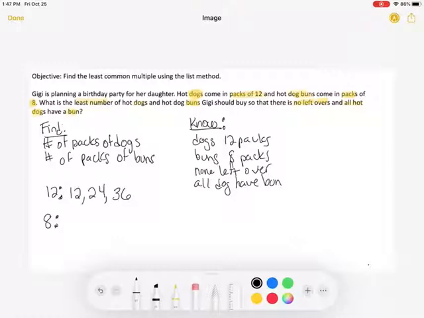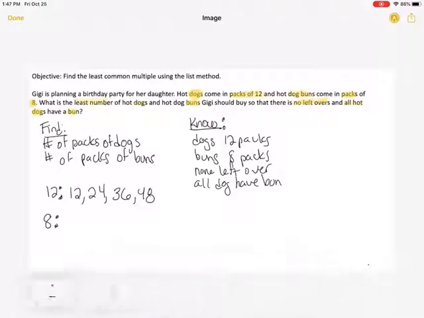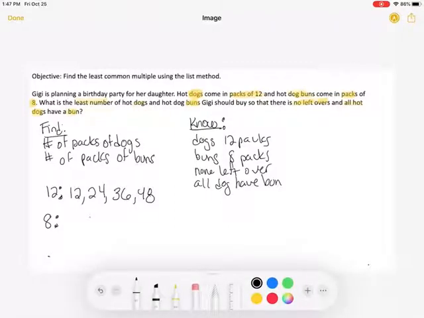Multiples, we have to multiply to get. I'm just going to list out the first 4 because I always like to avoid extra work when I can. It may be that the very first multiple is the one that we need. So I'm going to skip down to 8, list out some multiples of 8, and then come back and list more if I need to.